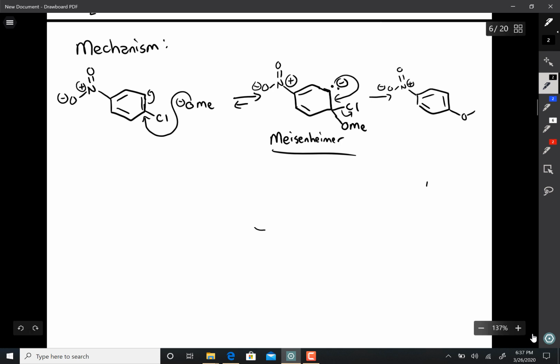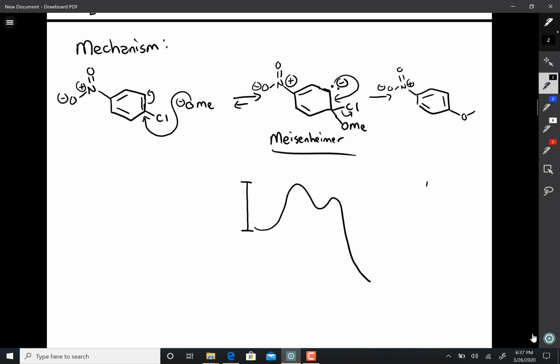Essentially, the energy profile of the reaction looks something like this, where the rate determining step is the loss of aromaticity. Now, this is what's called a late transition state, meaning the transition state is closest in energy to the intermediate.